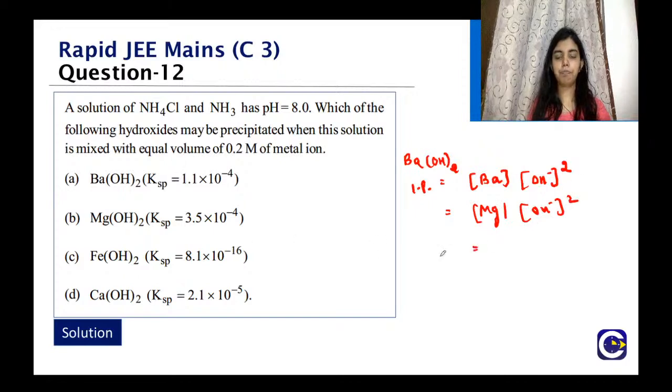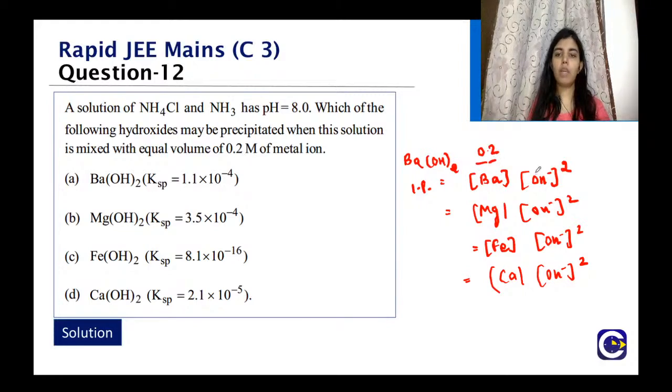For ferrous hydroxide, it will be iron OH minus square. For calcium hydroxide, calcium OH minus square. So these ionic products will come out to be same because the concentration of barium, magnesium, iron and calcium are what? 0.2 molar.